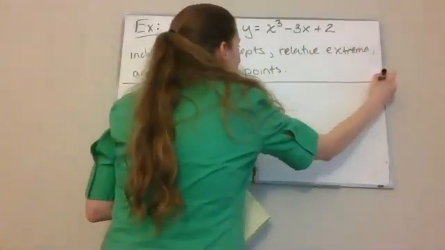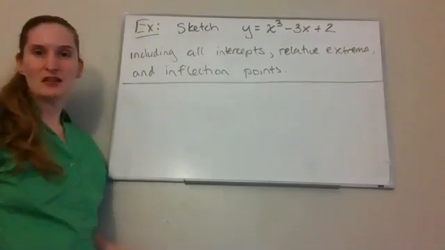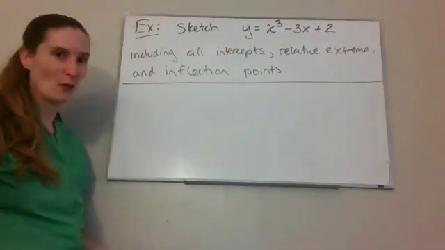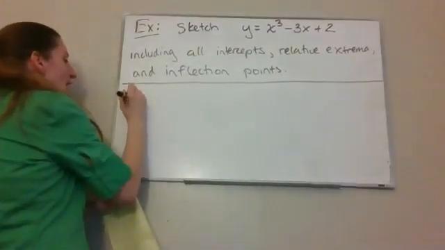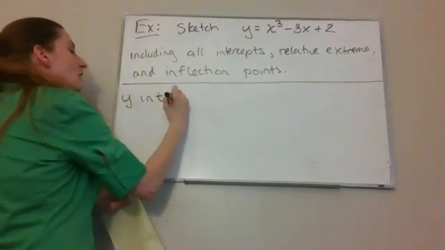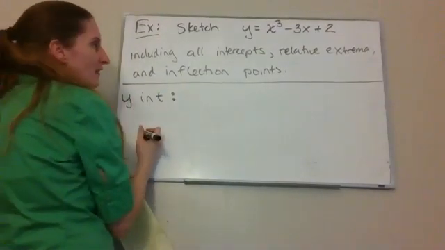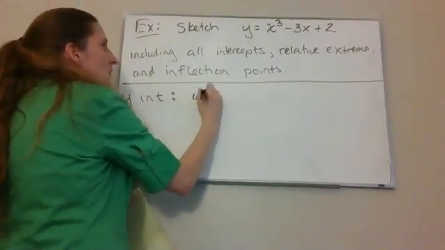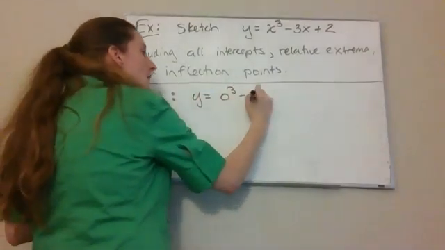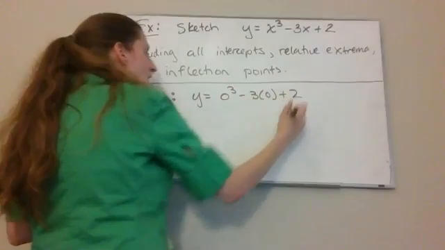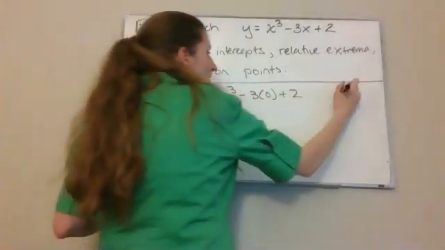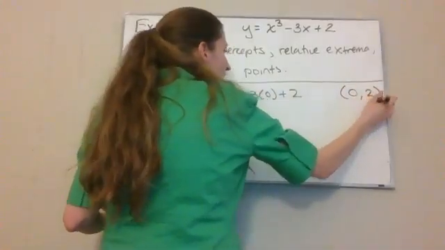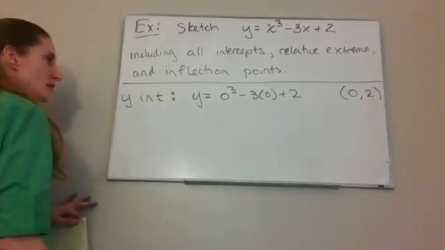So let's start by finding all of the intercepts. That doesn't use calculus. Let's just get that out of the way. Let's find our y-intercept first. Your y-intercept is when x is equal to 0. So I get y equals 2. So 0, 2 is my y-intercept.